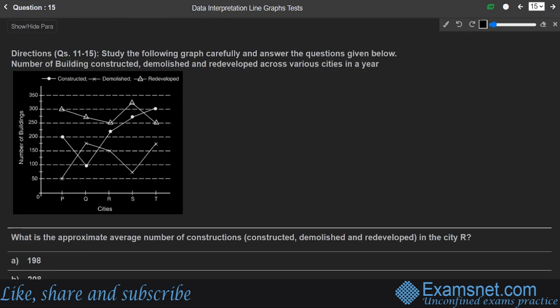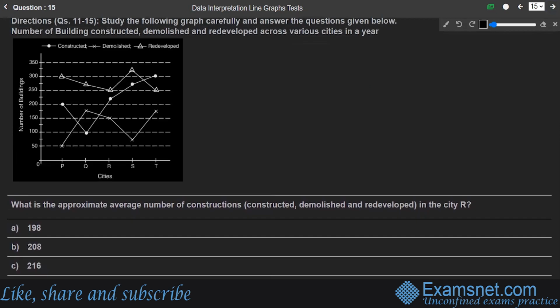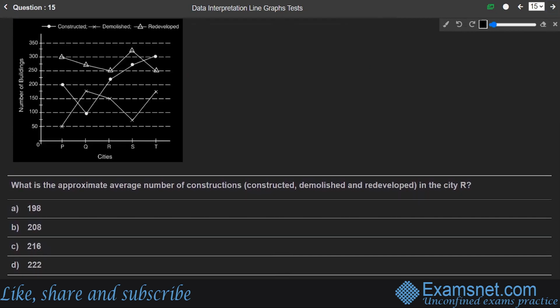Okay, so for the same line graph, we are supposed to answer a different question. The question says, what is the approximate average number of constructed, demolished, and redeveloped buildings in city R?